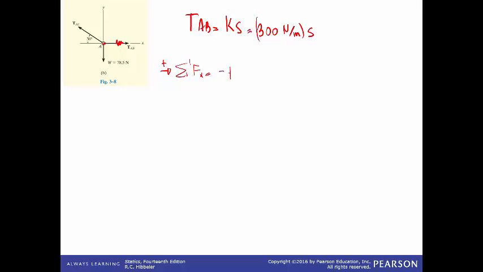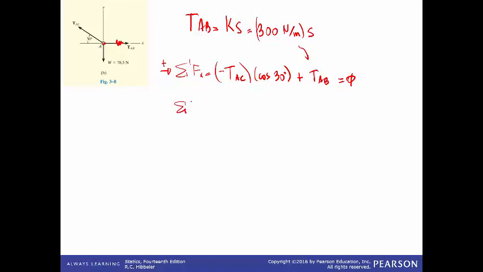So the sum of the forces in X would be equal to, if we have right positive, minus TAC cosine of 30 plus TAB, and this is what we'll have later. So this equals 0.